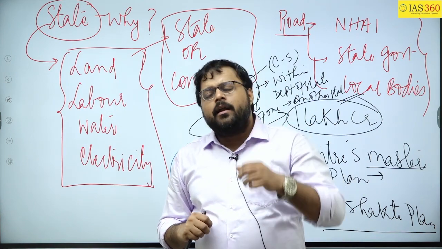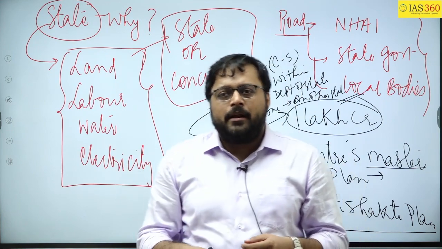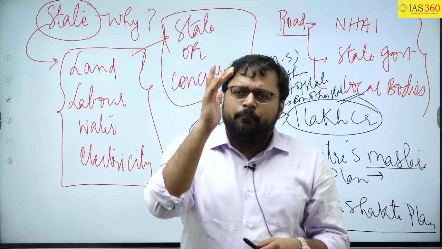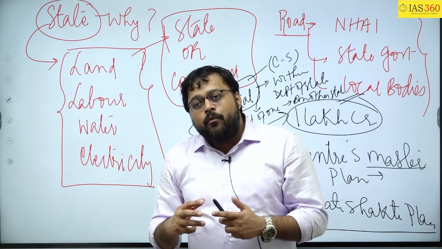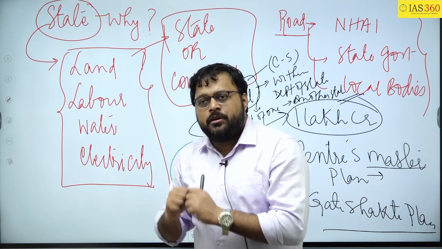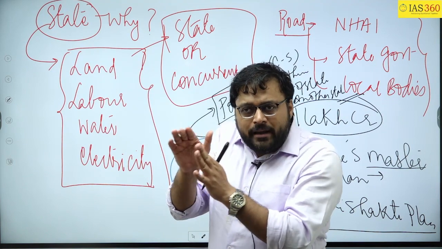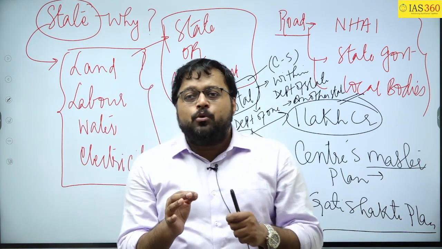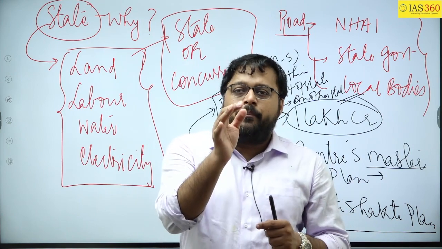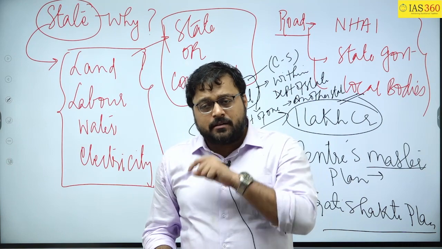Again, for example, when infrastructure projects move through any particular area, for example, an area where tribals are living, an area where people need to be displaced, then who will rehabilitate them? Can it be done solely by the center? No. So we will have to ensure the rights of the people who will be displaced because of this infrastructure project.